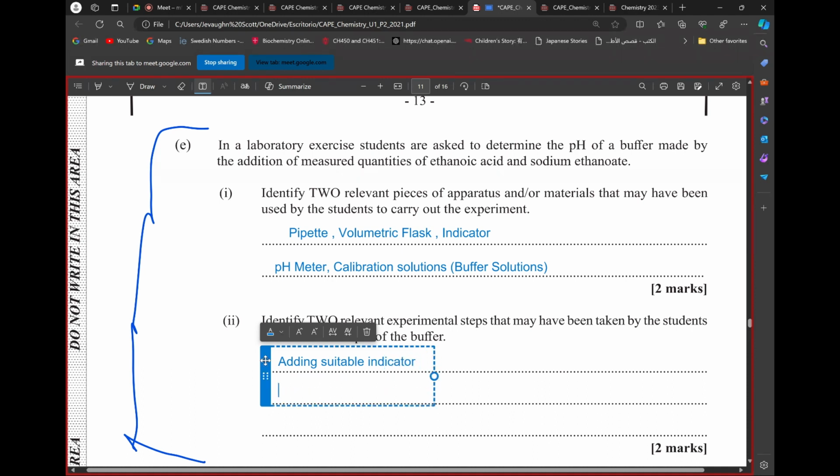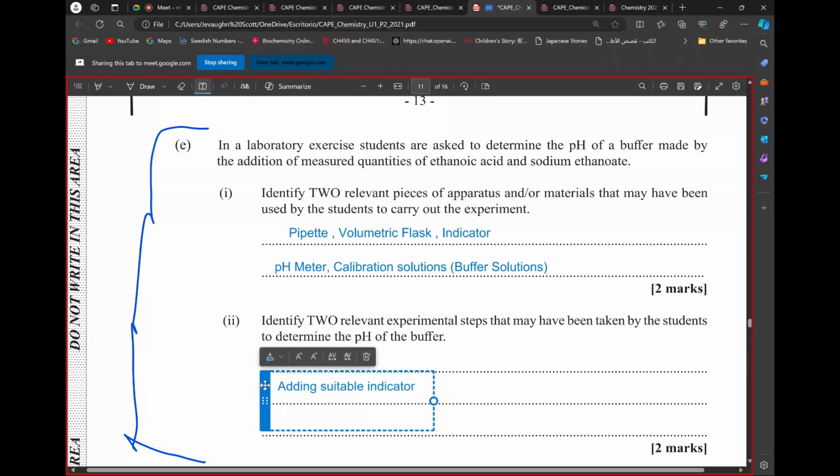What's another key experimental step for the titration? Titration is the more famous one. So any other step that you do for titration? Sir, use the pipette to measure a volume of 25 cm3.